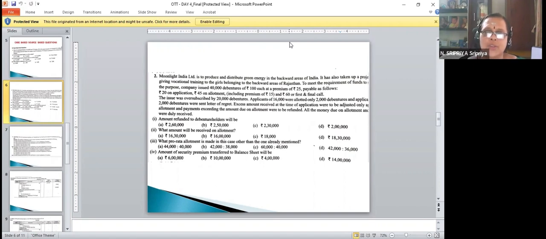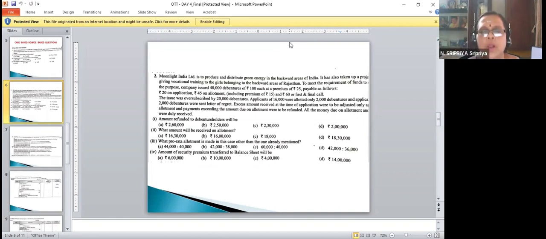So company has got oversubscription of 20,000 debentures and the company is going for pro rata allotment. So amount refunded to debenture holders will be, please listen very carefully. The 2,000 debentures which are sent letters of regret completely: 2,000 into application money 20 rupees is 40,000.